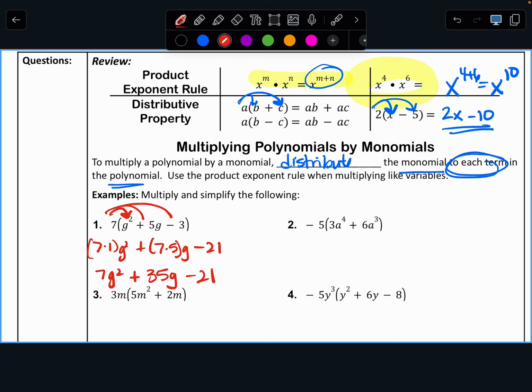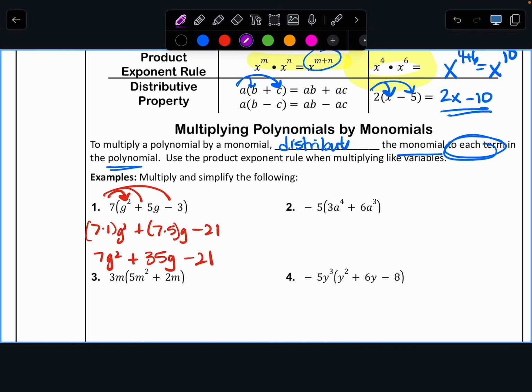So remember, we're multiplying the coefficient, the number in front of the variable, times the other coefficient, and then we add the exponents. Where did we get the 21? 7 times negative 3.